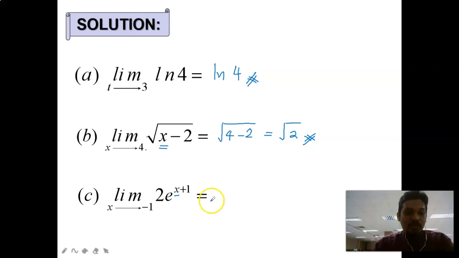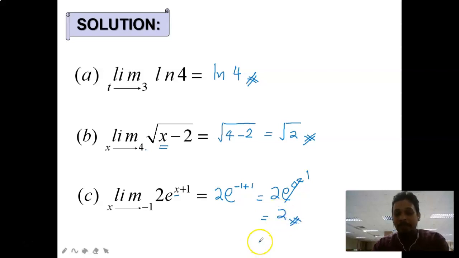And next one, we substitute x with -1, it becomes 2e to the power of x plus 1, with x equal to -1. Then we get 2e to the power of 0, where e to the power of 0 equals 1, so it is equal to 2.